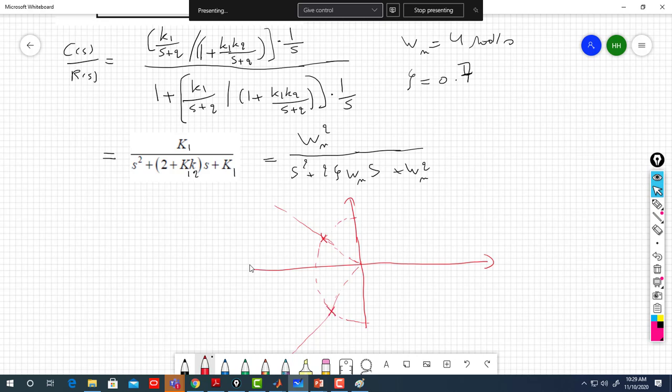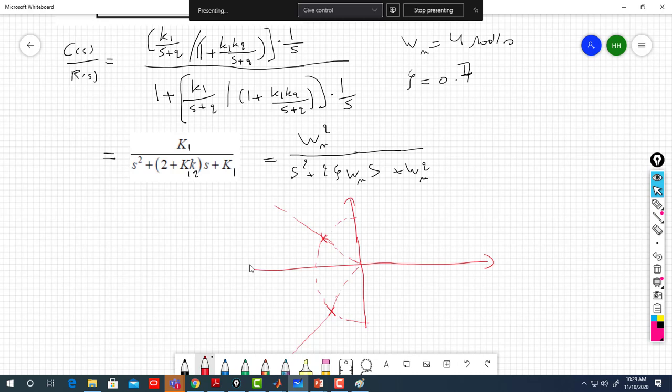So I can know where my closed loop poles will be. By omega n and zeta equal to that, I can locate my poles. So I'm choosing K1 and K2 that make my closed loop poles at this location.